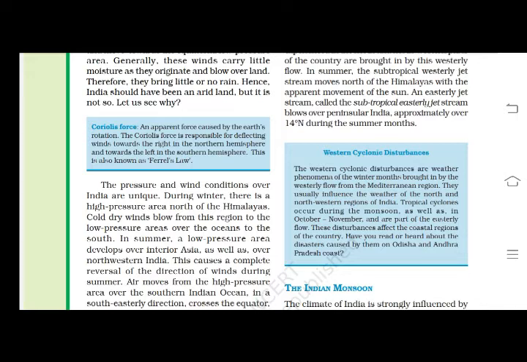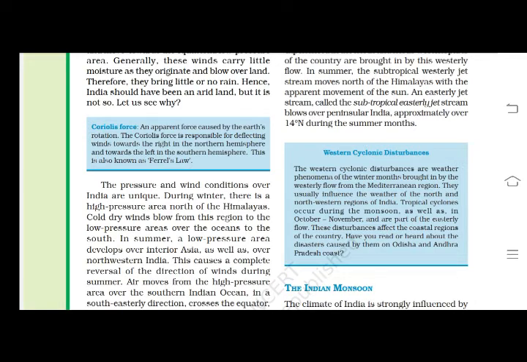They usually influence the weather of the north and northwestern regions of India.